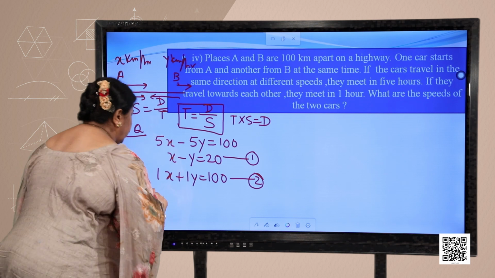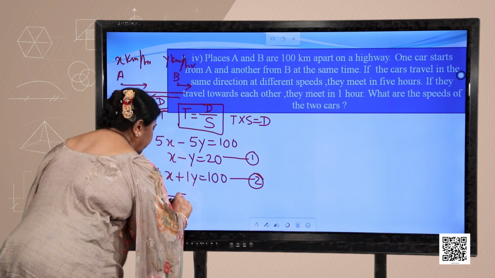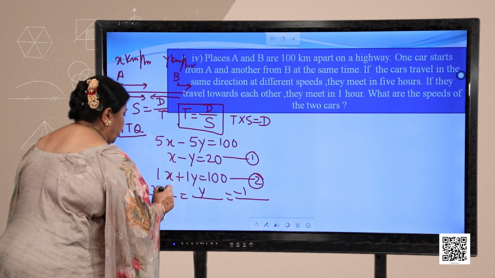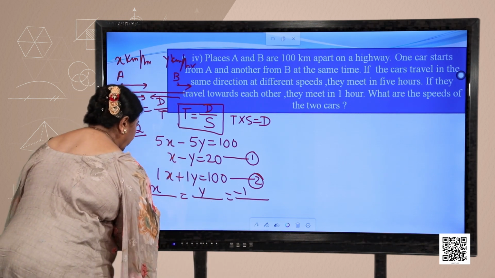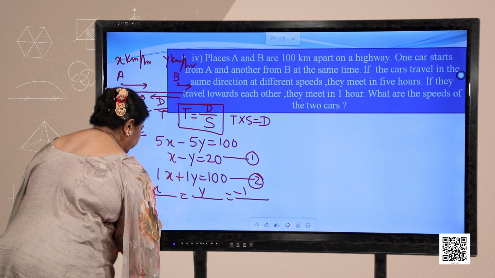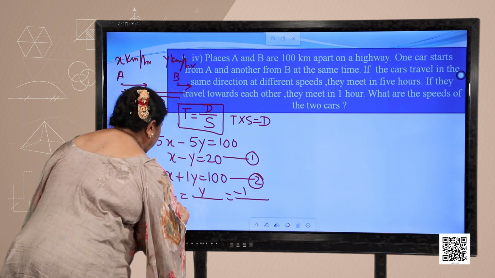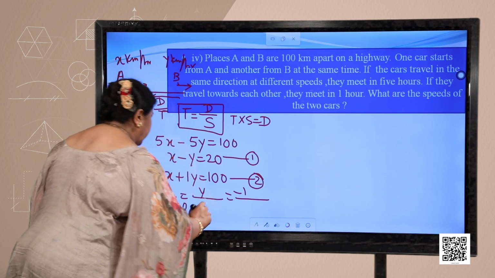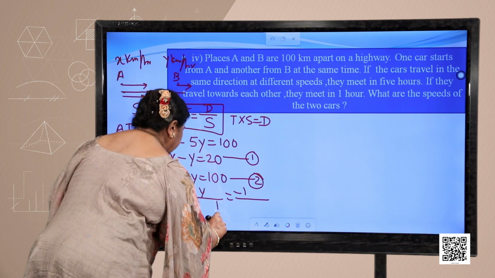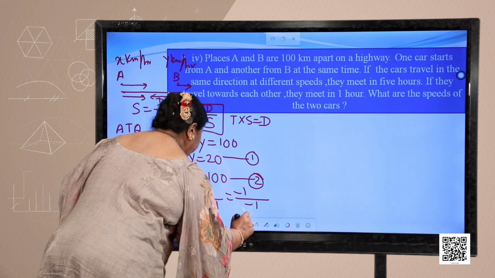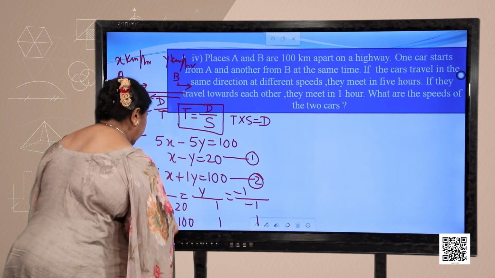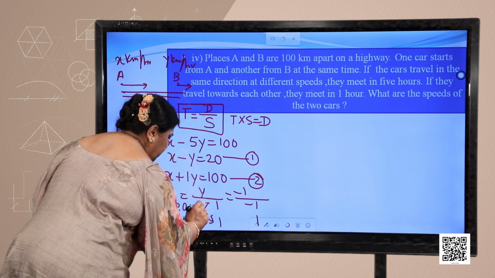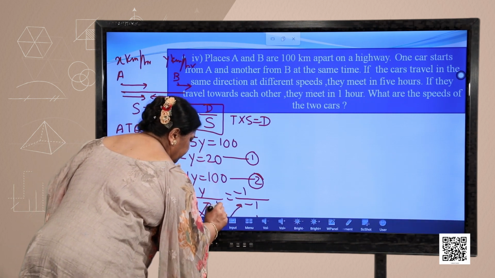Now, let us use the cross multiplication method. Below x we write down the coefficients of y, 20, 100, and here the coefficients of x and again the coefficients of y. Let us multiply and subtract.